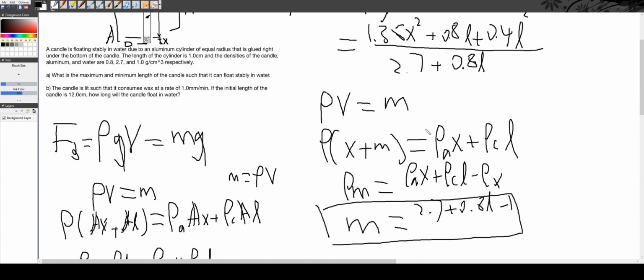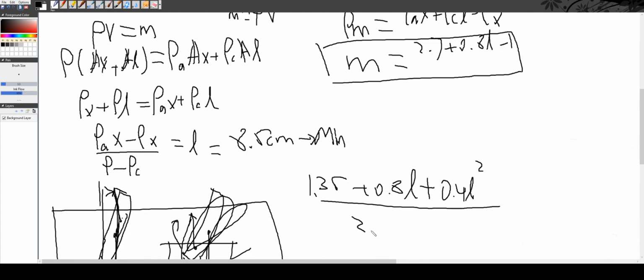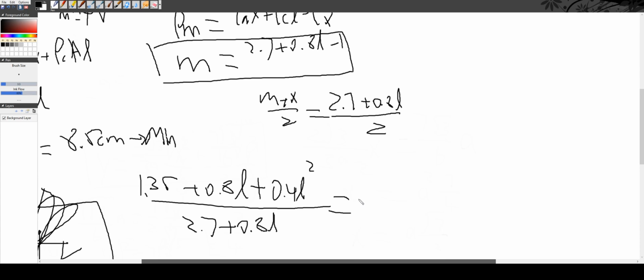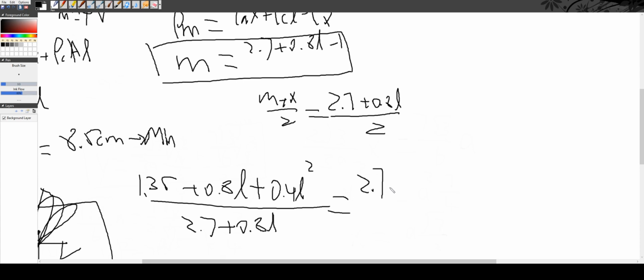What's on the denominator? 2.7 plus 0.8 L, right? I want to set this equal to your m plus x divided by 2. Well, x is just 1, so just cancel this. So it's 2.7 plus 0.8 L over 2, right?